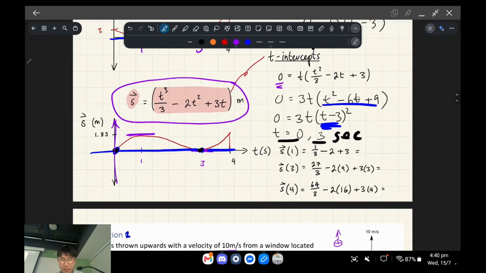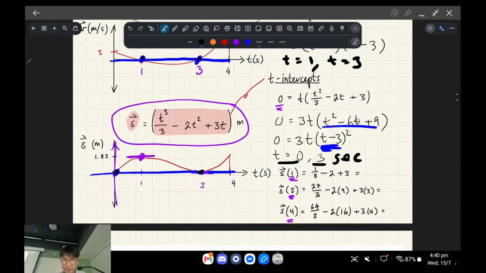So I might want to find what s is at time is equal to 1, time is equal to 3, and time is equal to 4. In order to graph this cubic, if I sub in t is equal to 1 here, for example, I'll get this, and that would give me 1.33 meters.